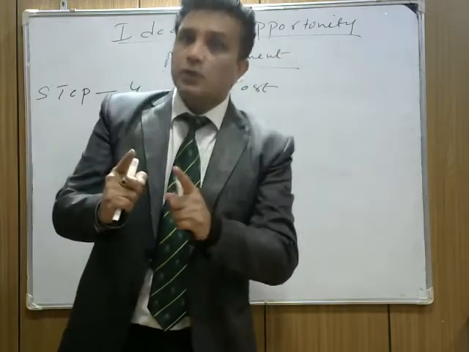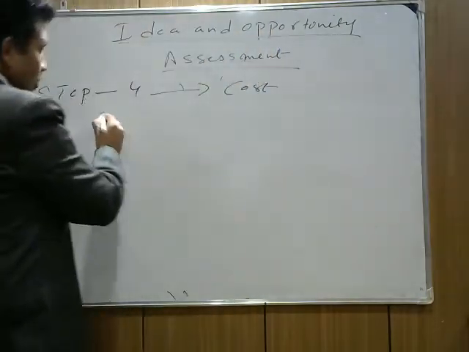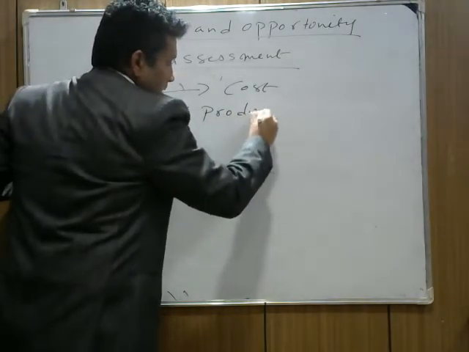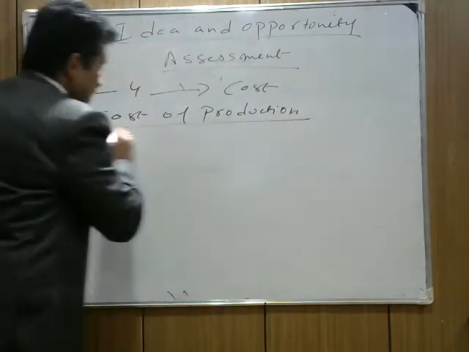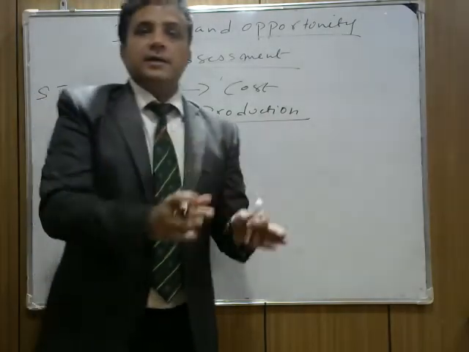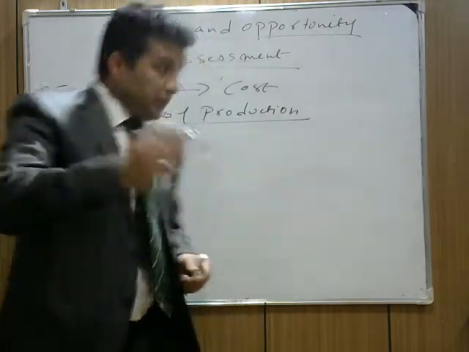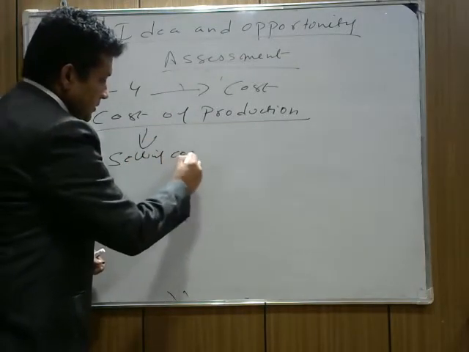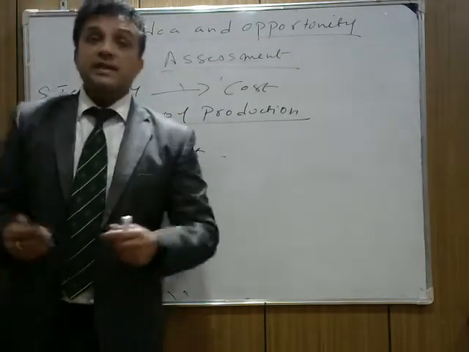Because when you produce a good, you require cost of production. Cost of production means the cost incurred in manufacturing a product. Then you require selling cost. What is selling cost?